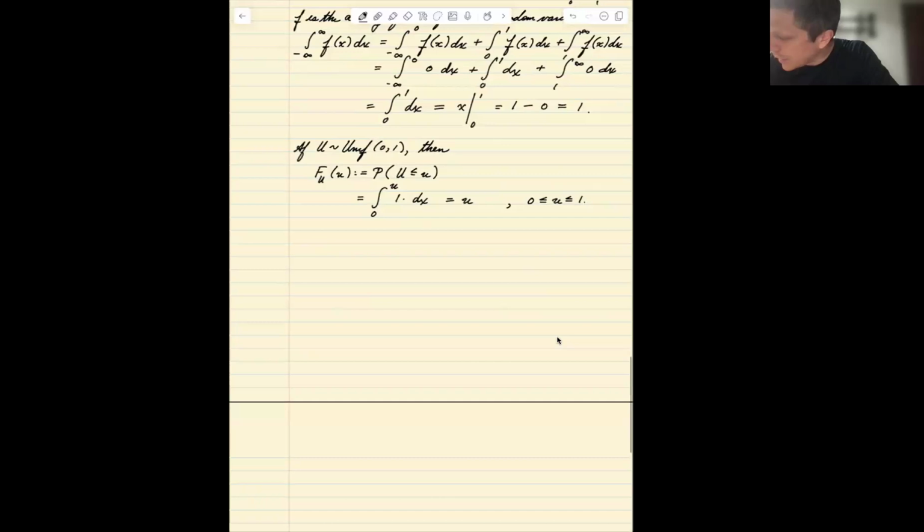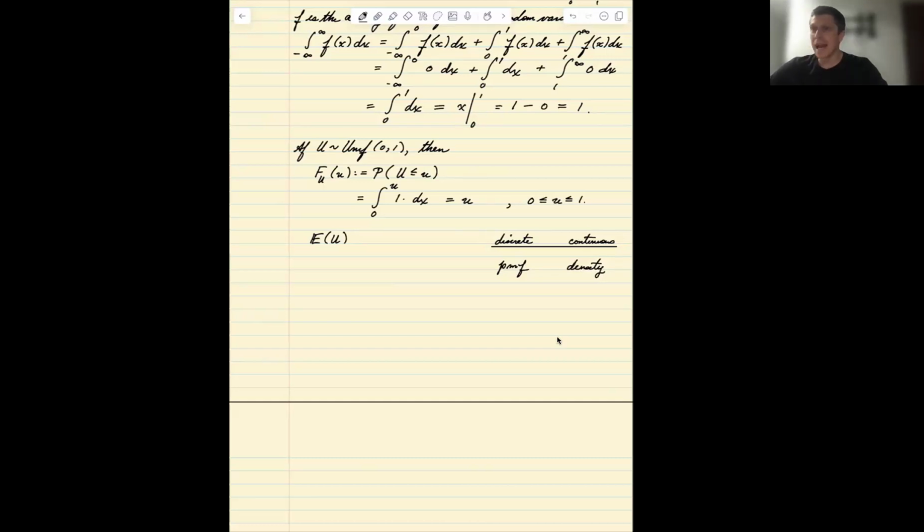Okay, so the expectation of U, how do you define that? Well, it's the same concept. Generally speaking, when we translate between the discrete world and the continuous world, these are analogs, not equivalents. We have a PMF, which is a mass function, and in the continuous world we have a density.